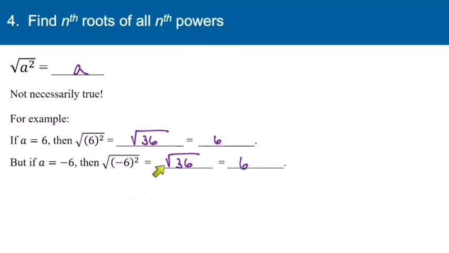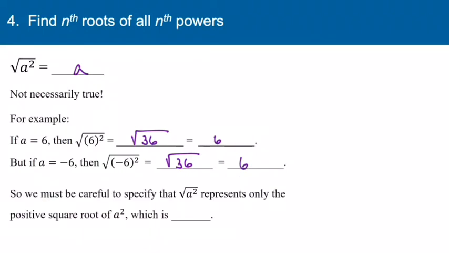So how can we keep from having this problem with signs? In order to avoid problems, we have to be careful to make sure that this radical always gives us a positive answer. So the square root of a squared is going to have to be written as absolute value of a, just in case a might be negative.